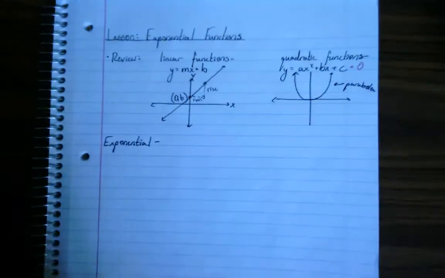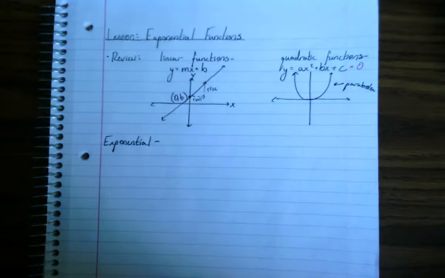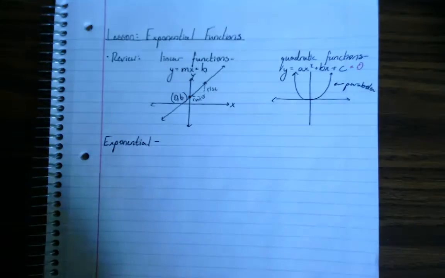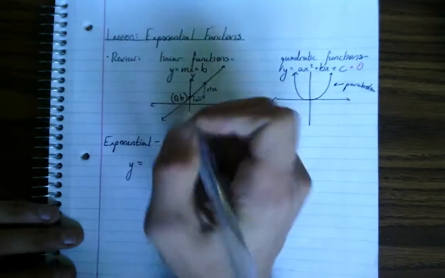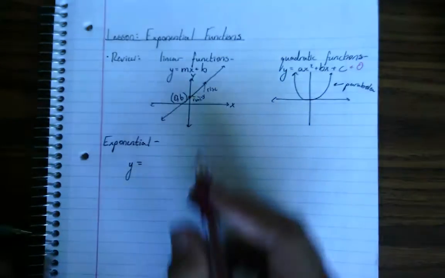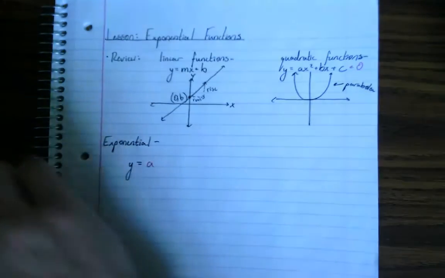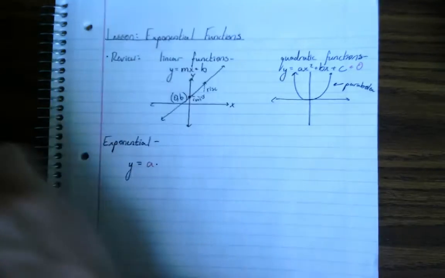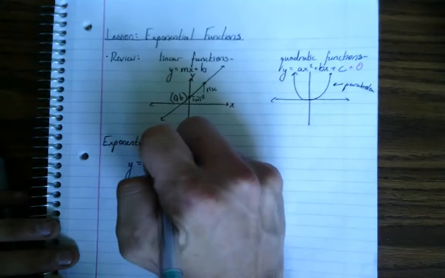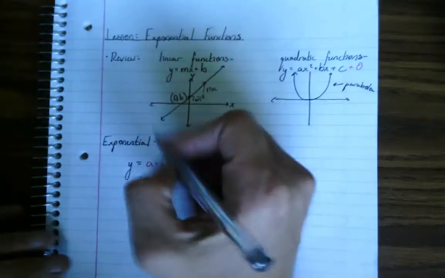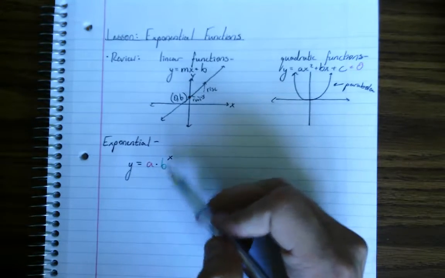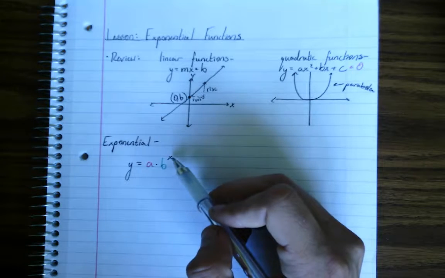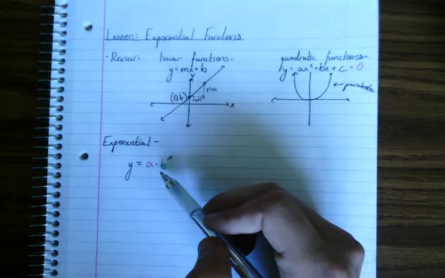we call it exponential because we have the input, our x value, in the exponent. So if we were to show the equation, it would be y equal to a times b raised to the power of x. So notice how our input is in the exponent of our b, and so that's why we call it an exponential function.